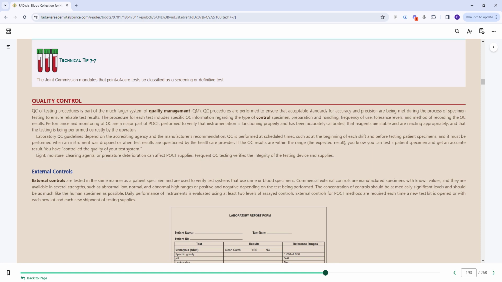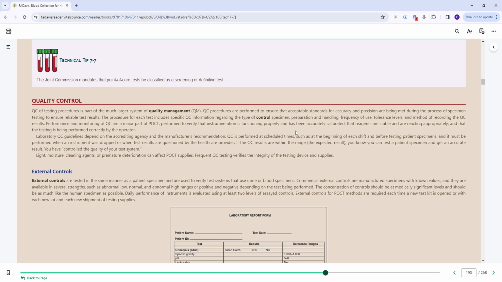So you always want to have a control specimen. External controls are tested in the same way that a patient's specimen is, and they're used to verify the test system, using blood or urine.